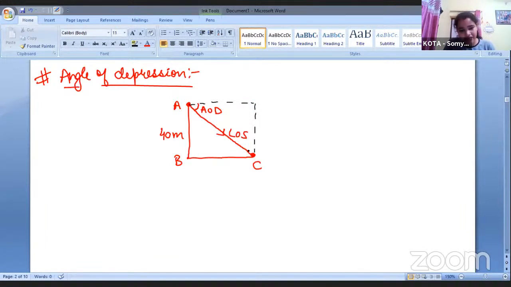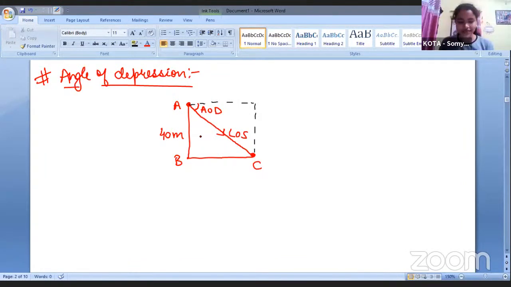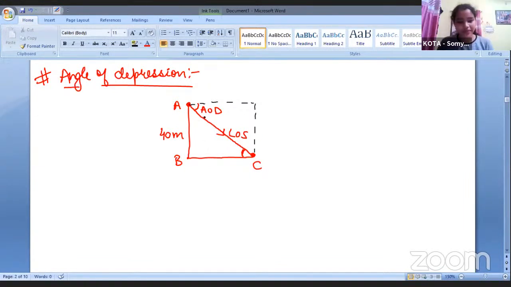Here it is not specified that BC is 40, so we cannot say it is a square, so we'll just assume it to be a rectangle or rhombus. Transversal, yes, transversal. Okay, so we know that this angle would be equal to this angle. And what are these two angles called? Alternate angles. Alternate angles, right?